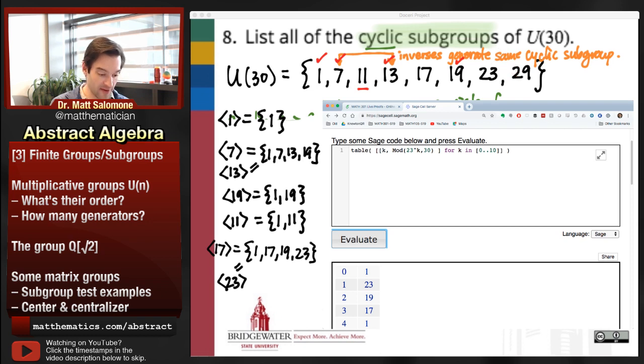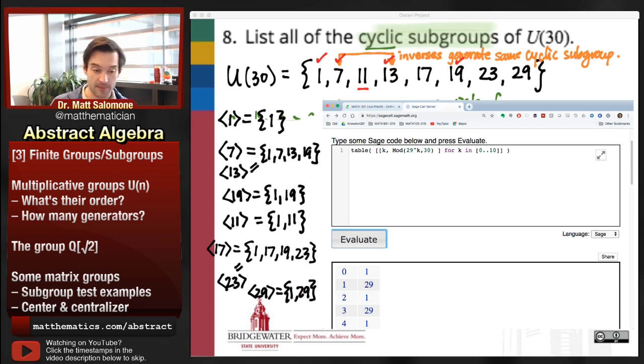What about the cyclic subgroup generated by 29? Evaluate that. We find out that 29, much like 19 and 11, is an element of order 2. And therefore, just 1 and 29 belong to the cyclic subgroup generated by 29. So this list over here on the left is a list of all the cyclic subgroups of U30.